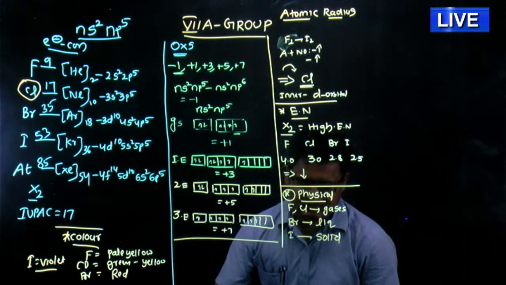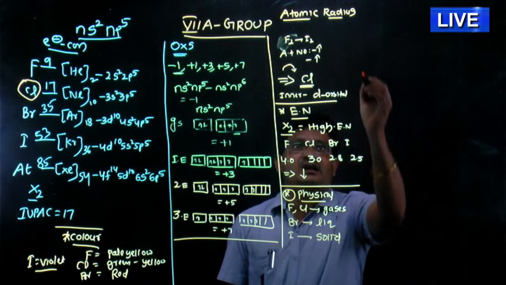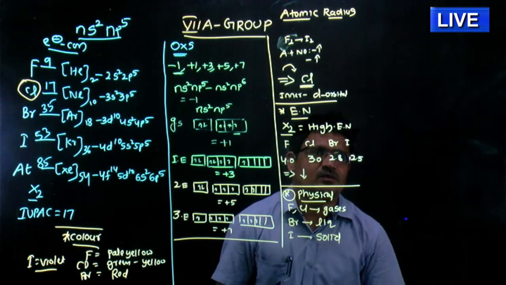Now after the physical states, the next one is interhalogen compounds.